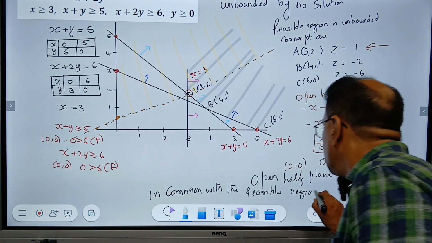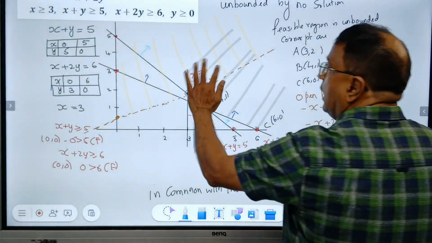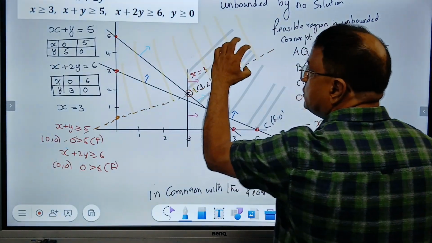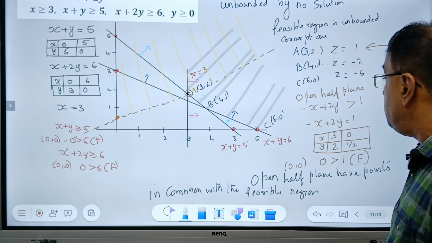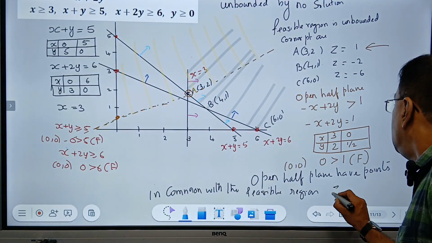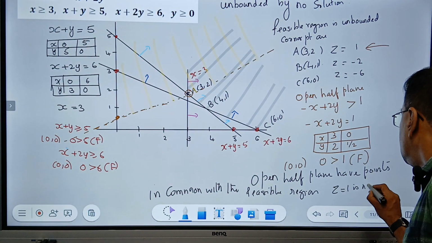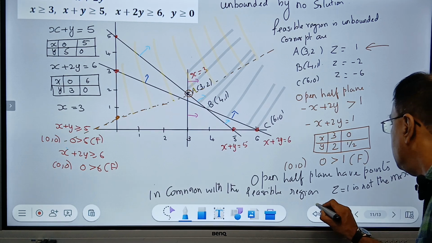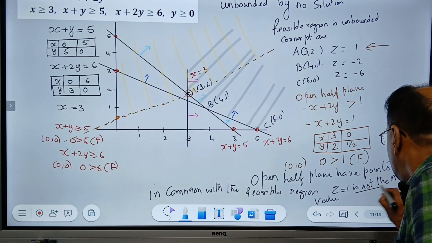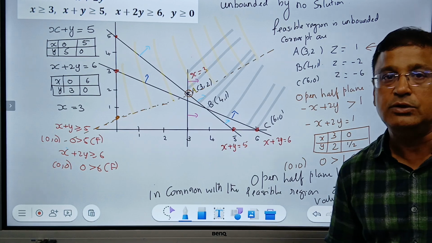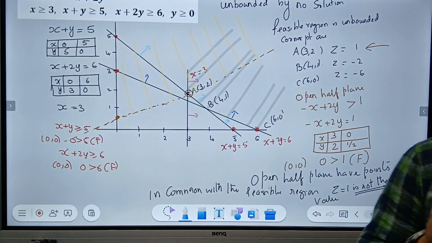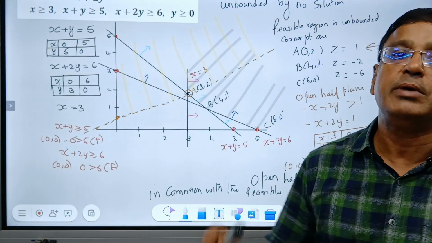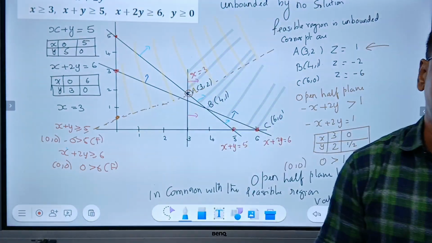Can you see it? Then what happens? Therefore, z equal to 1 is not the maximum value. Very important. It is not the maximum. Therefore, it has no solution. It cannot be maximized. This particular problem cannot be maximized for these constraints.